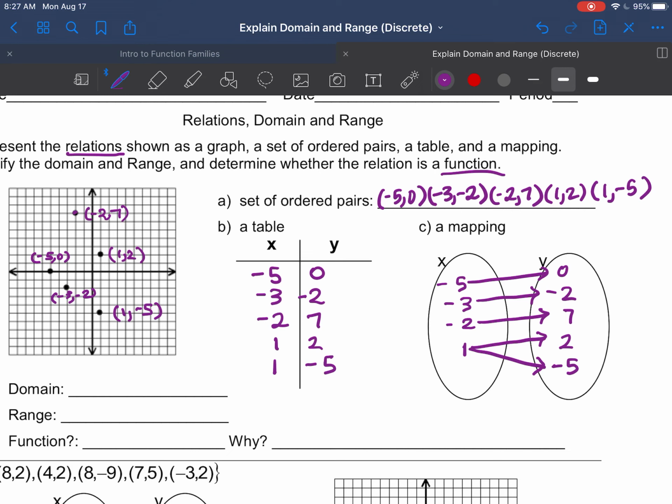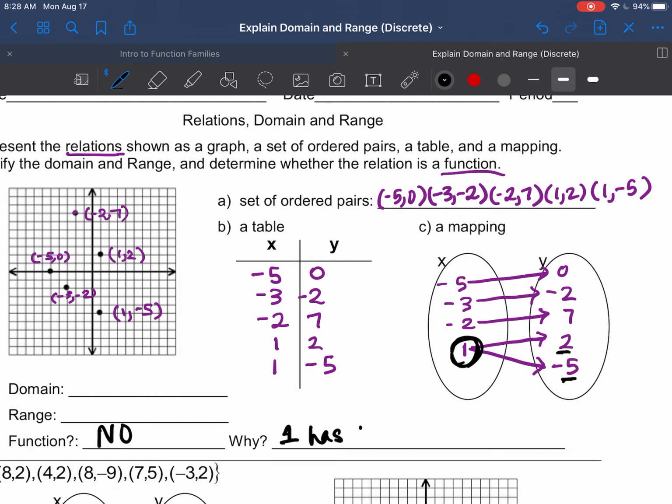And so right there, we can go ahead and say that this is not a function. The reason is 1 has 2 different outputs, okay? Remember, each input has exactly 1 output, just like each person has exactly 1 birthday. This input of 1 can't have 2 different birthdays, 2 and -5, so it is not a function.